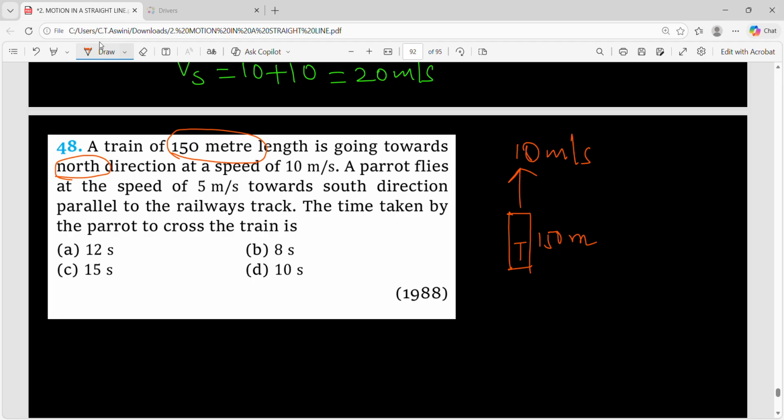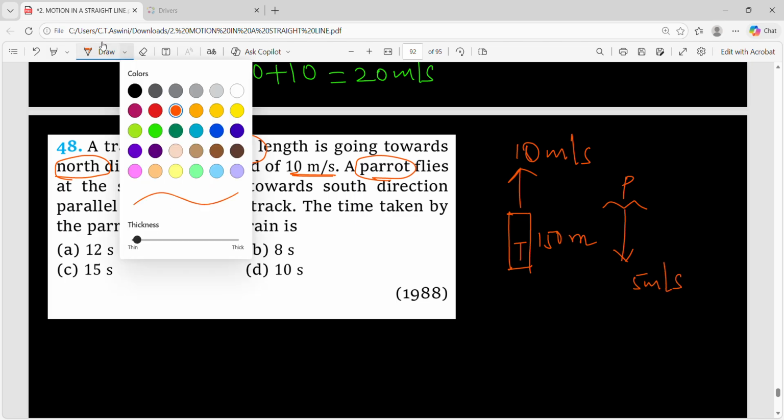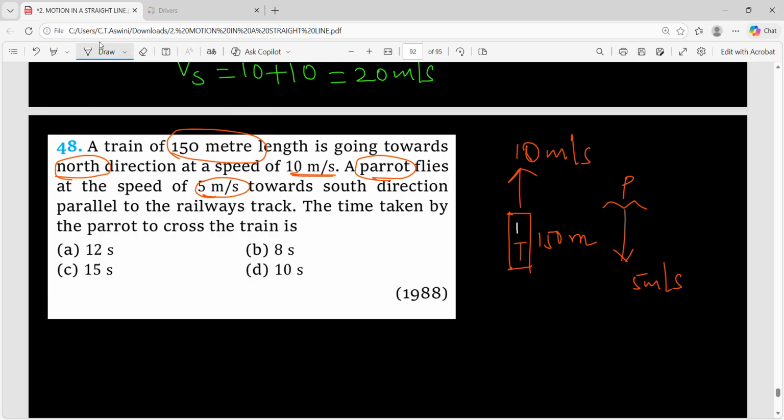And with how much speed? 10 meters per second. A parrot flies at the speed of 5 meters per second towards the south direction. So there is a parrot, traveling in the south direction. How much is the speed of the parrot? 5 meters per second.